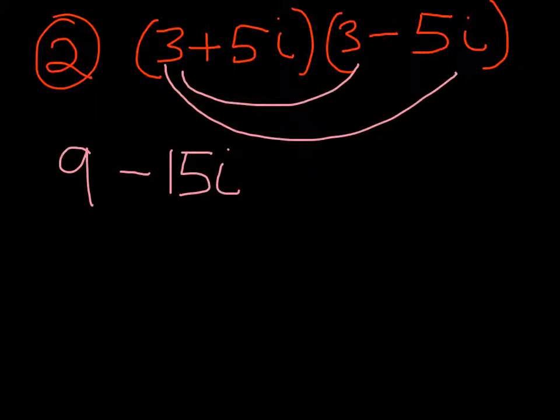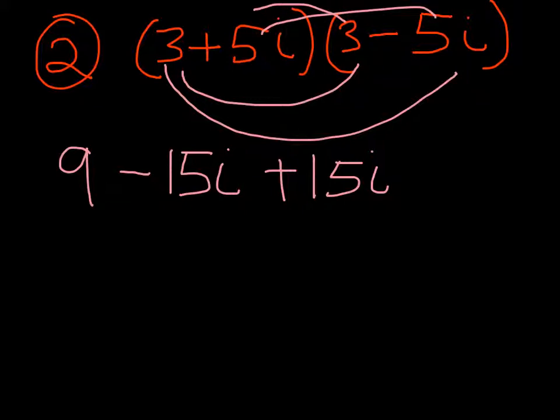Then we're going to do our 5's. We have 5 times 3i, so it's going to be plus 15i. And then we have one more distributing to the 5, negative 5. Therefore, we get negative 25. But we have to remember to multiply our i's together too, which gets us i squared.